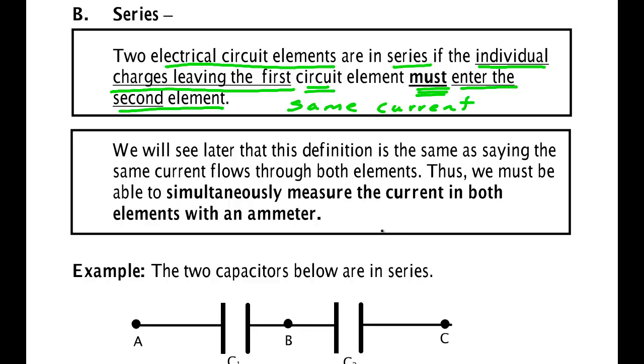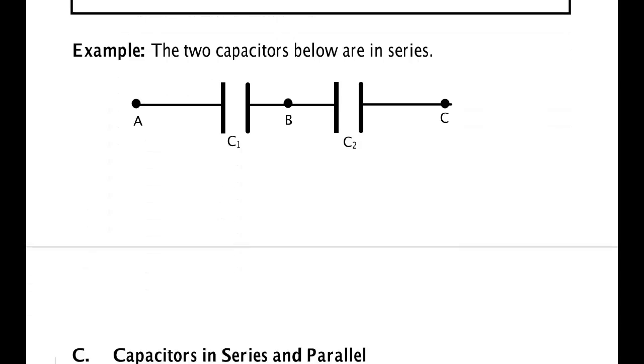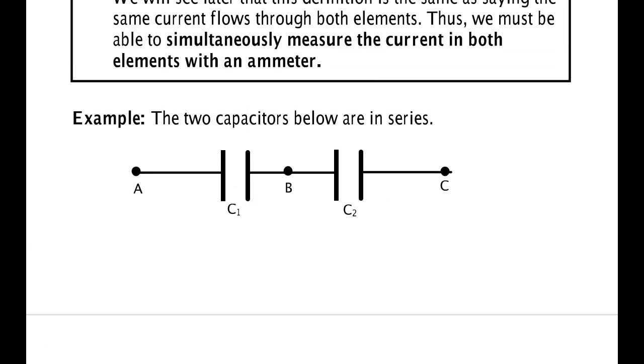We'll see later this definition is very important in dealing with other circuit elements like resistors and inductors, but right now we're dealing with capacitors. So in the capacitors below here, we see that these two capacitors are in series because if a charge Q1 comes in here, that will induce a negative charge on the other side.